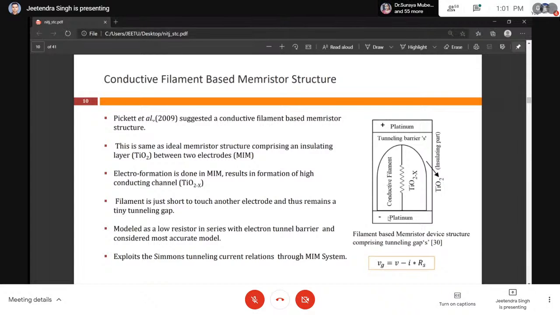One time you have to apply the electroformation process, and several conducting paths are developed here, but we assume that there is a lumped part, a single conductive filament, with a gap between the conductive filament and the other metal electrode, and this gap is useful for us to determine the switching behavior of the memristor.